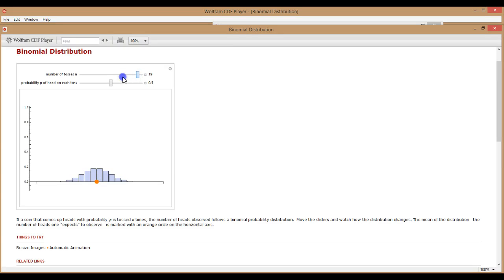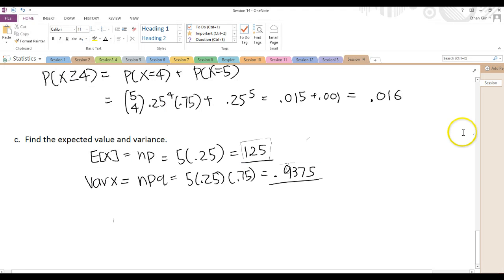All right? So just remember that as you increase the number of trials, it looks more and more symmetrical, right? And the orange dot is where the expected value or the mean lies. All right, so just remember this, and let's go back to our notes.